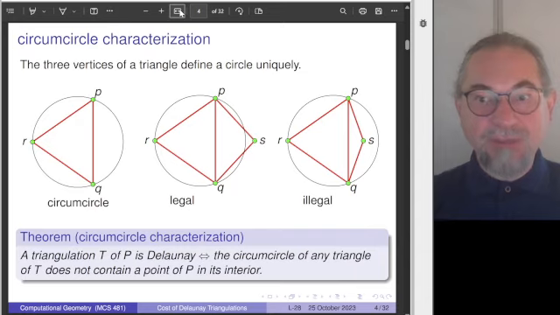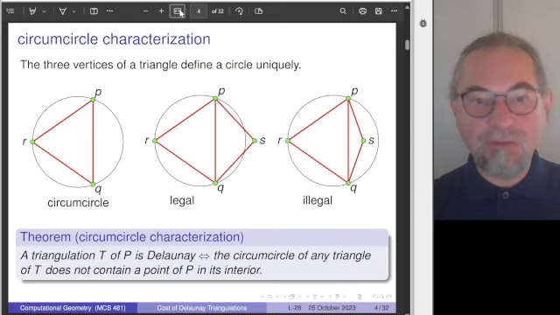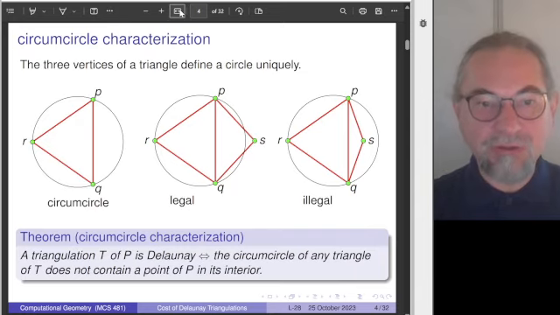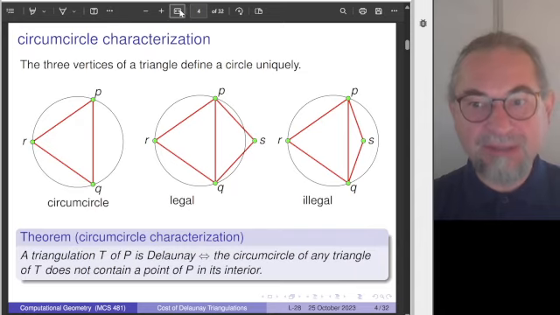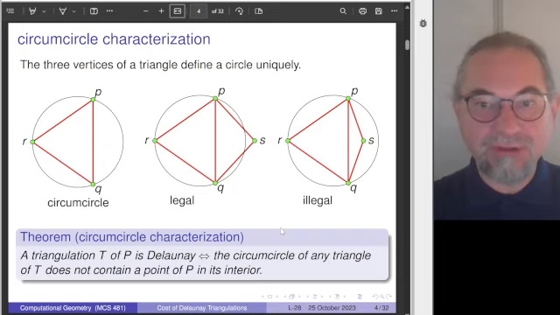All right, how do we make better triangulations? Well, we look at the circle that passes through 3 points. This is called the circumcircle. Then for an adjacent triangle, we say that the edge that is shared between these 2 triangles is legal if the other point in the adjacent triangle, here the point S, lies outside the circle.